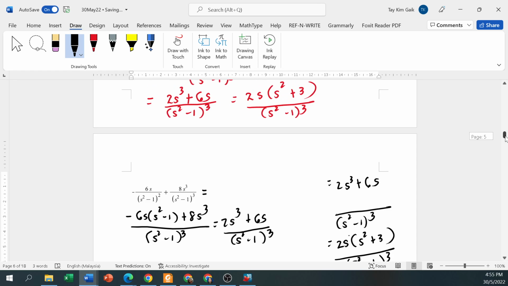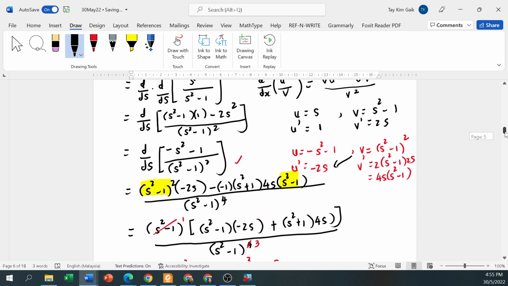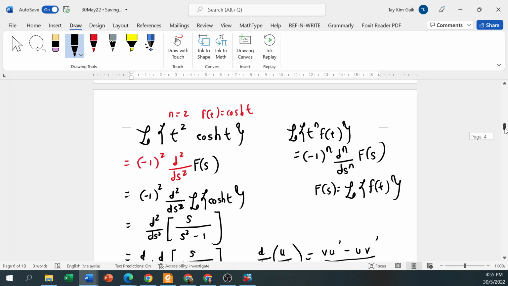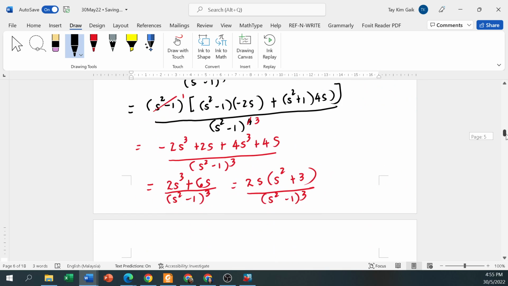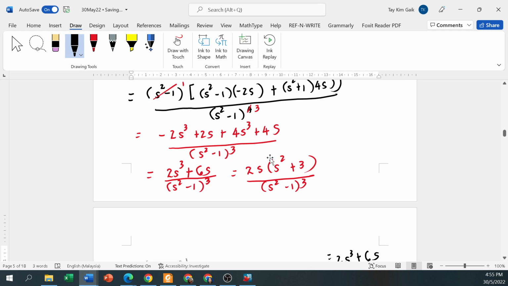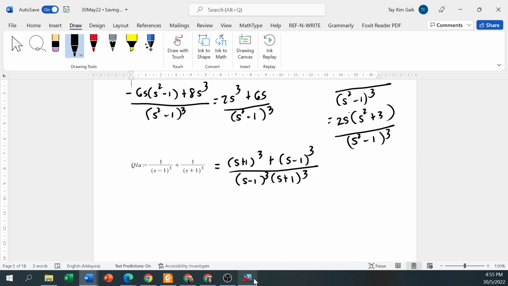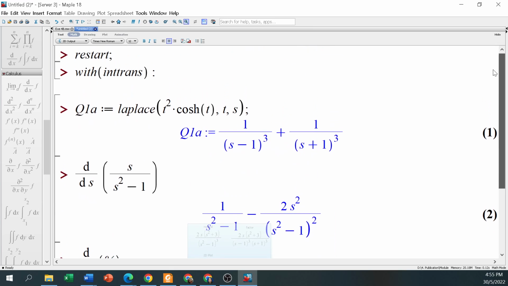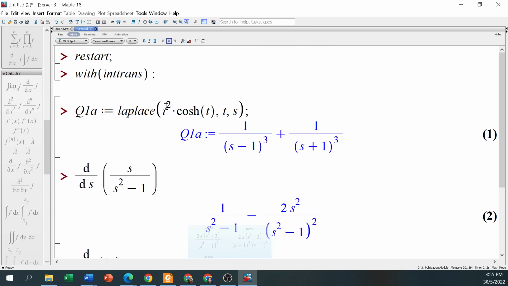So this is what we do manually using the multiplying by t^n property. We arrive at here 2s cubed plus 6s over s squared minus 1 cubed. This one is the answer given by Maple, directly the Laplace transform for t squared cos t.